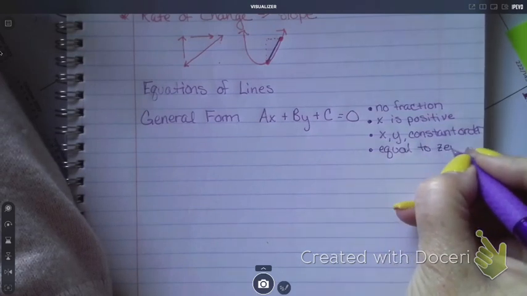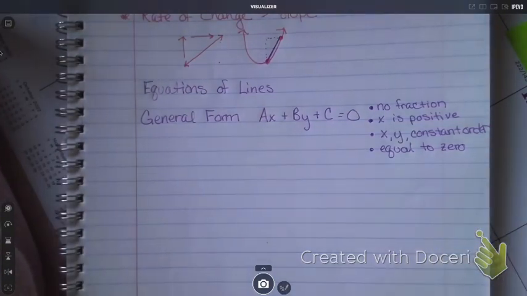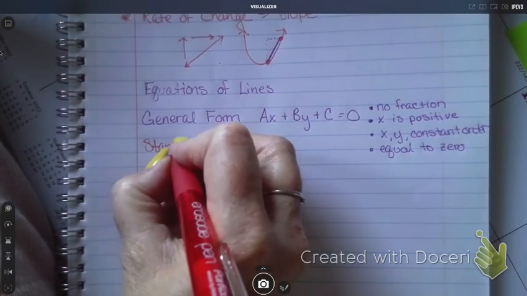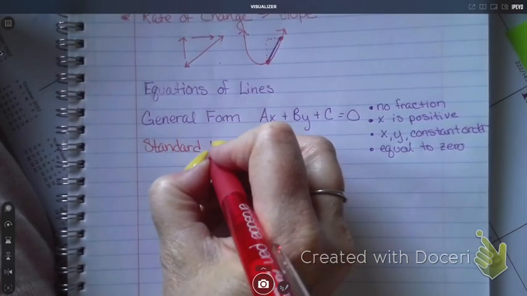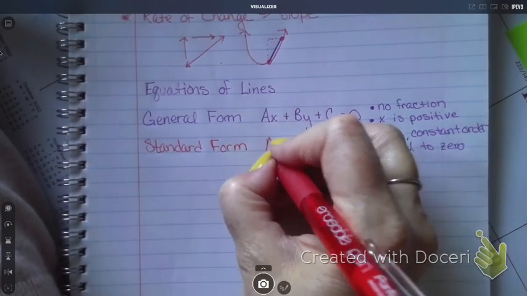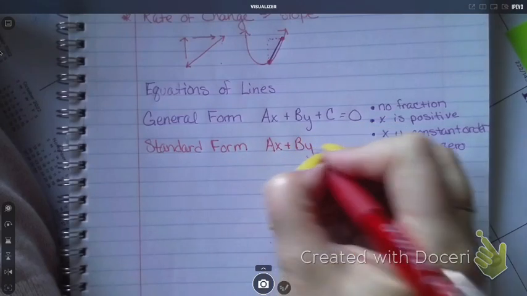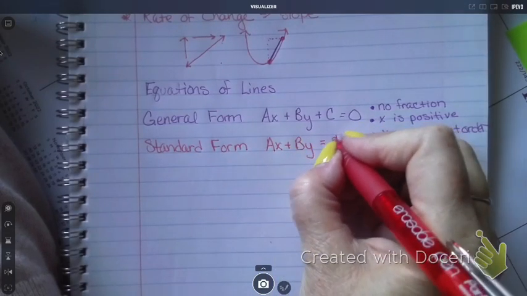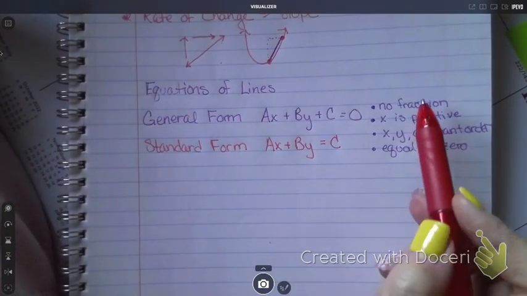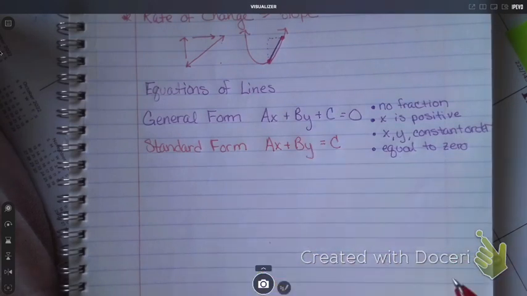Now, they don't have it on here, but I am going to show you standard form, because I think it's important to see the difference between the two and the similarities. It is ax plus by equals c. So what do you think of these four characteristics standard form has?